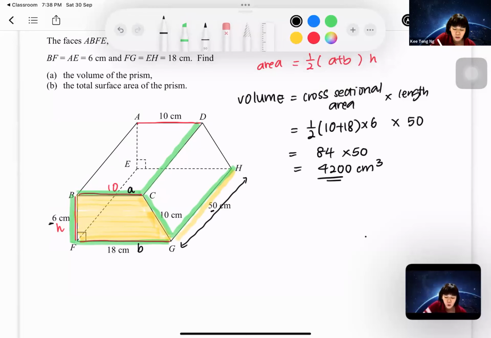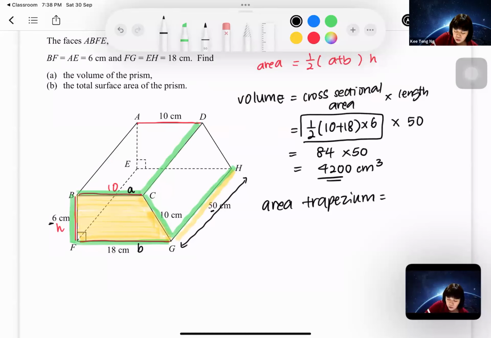Okay, so before we begin, we can write down the area of our cross-section, the area of the trapezium, the front and the back. This one is this number, right? The area of the cross-section, which is 84. So I'll use 84 cm square. Then I want to find the area of all the sides, right?